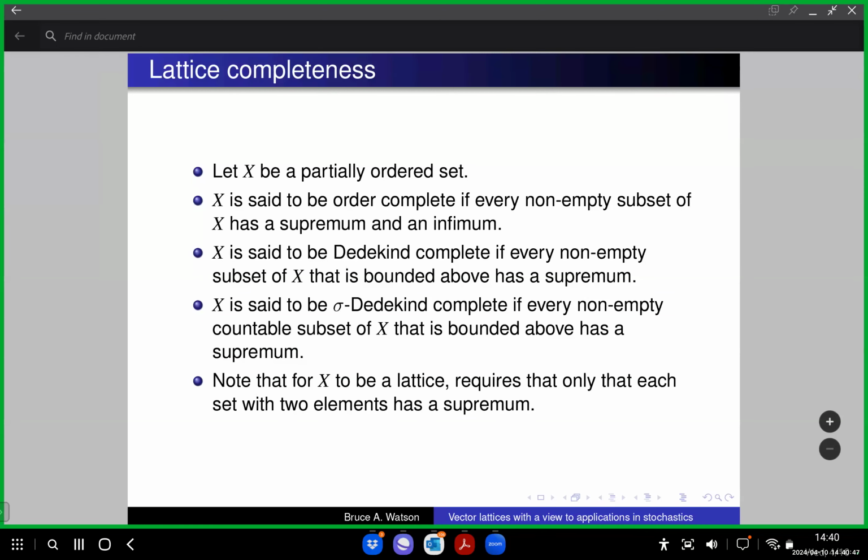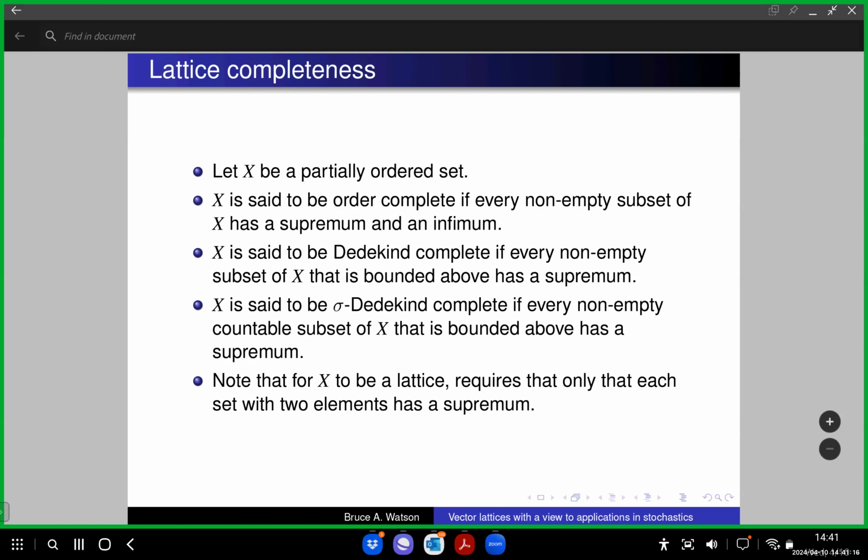Now, let's talk a little bit about lattice completeness. So we start off with a partially ordered set. And we say that the set is order complete if every non-empty subset of X has a supremum and an infimum.